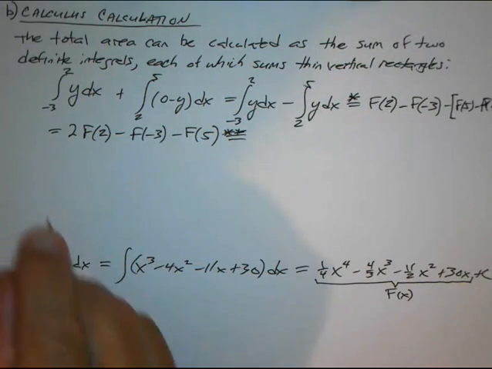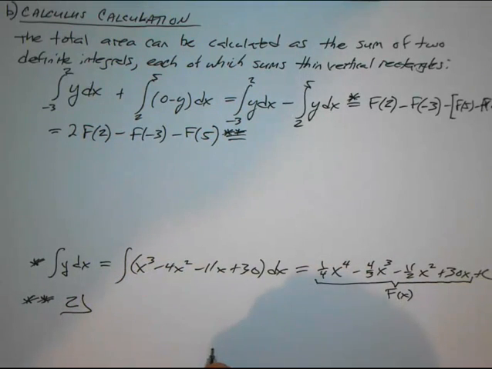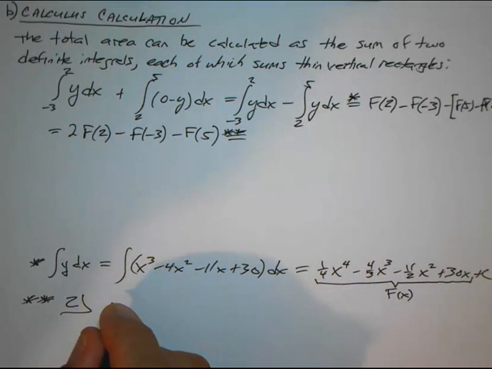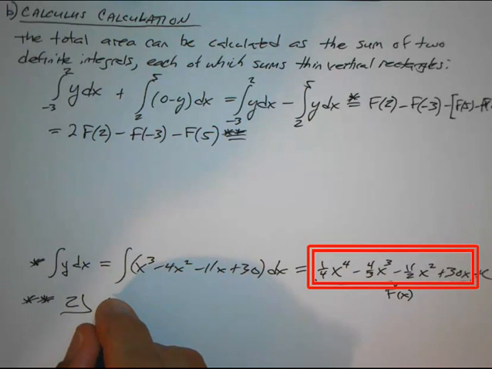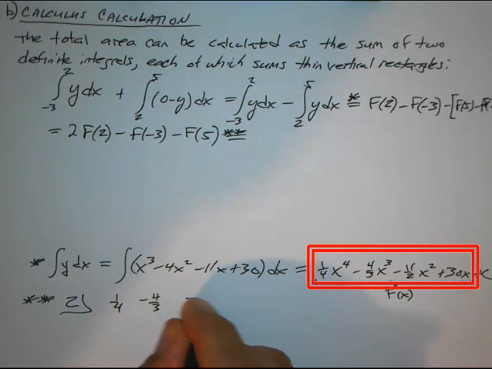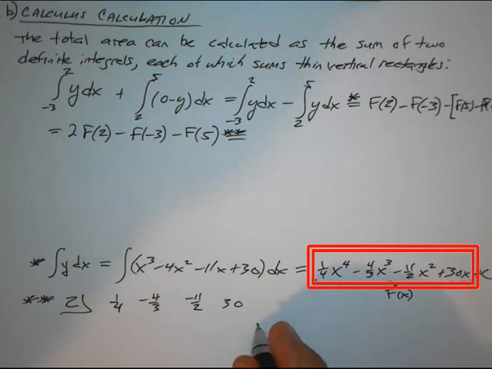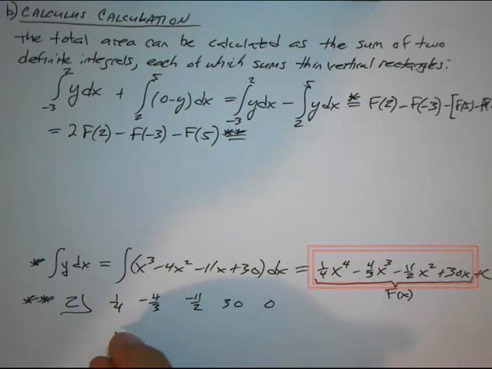For instance, F of 2, using a synthetic division process, we get the coefficients of our F here as being 1/4, minus 4/3, minus 11/2, 30, and notice there's a missing constant term in F, so we need to make sure to put a 0 to complete that there.